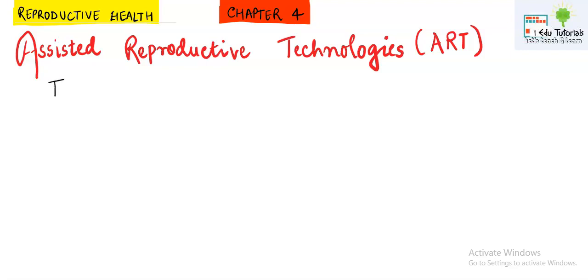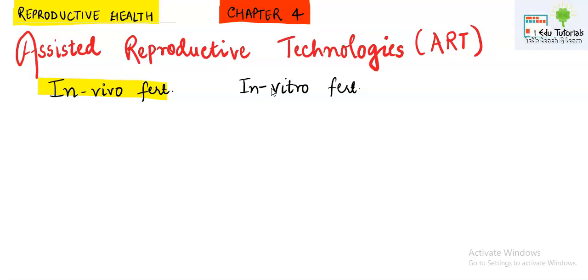Now before we start with each method, let's first understand what in vivo fertilization and in vitro fertilization are. In vivo fertilization is the normal fertilization, meaning when the female gets pregnant normally, as described in chapter number 3.